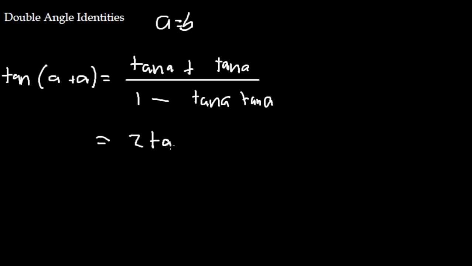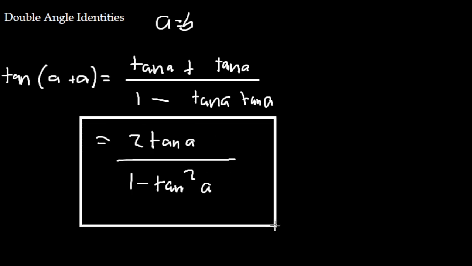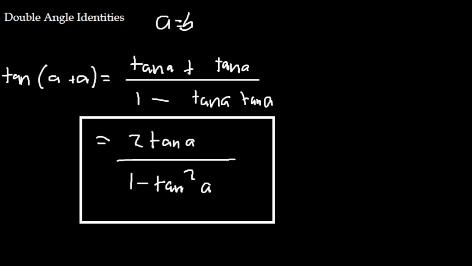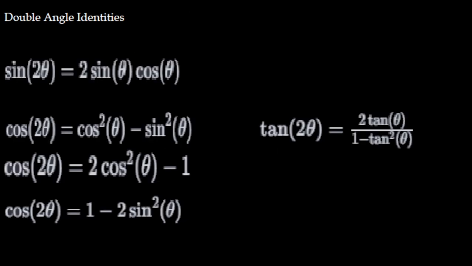Dalawa ang ating tangent, so magiging 2 tangent of A over 1 minus tangent of A multiplied by tangent of A will give you tangent squared of A. Now, this is the double angle identity for tangent. So, in summary, these are the double angle identities for sine, cosine, and tangent. And we will use this to solve several problems regarding double angle identities.